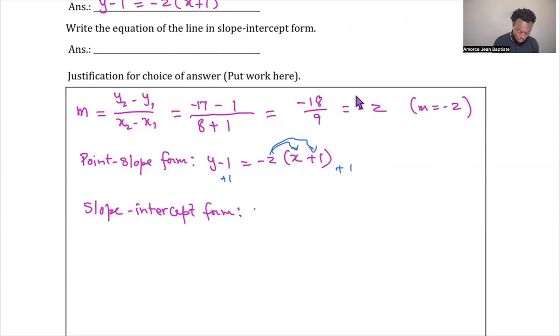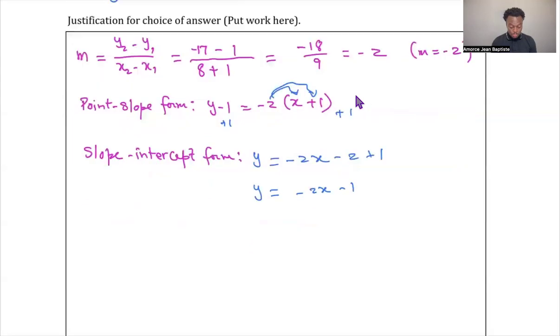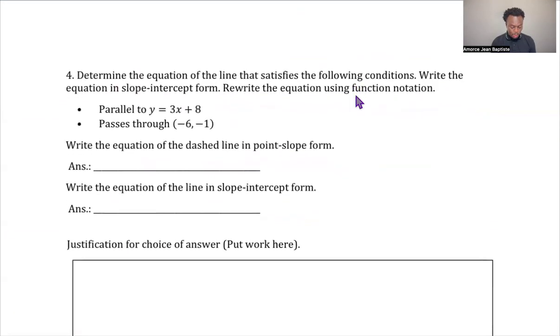So that is y equals negative 2x minus 2 plus 1. Y equals negative 2x minus 1. Y equals negative 2x minus 1 is the slope-intercept form. Moving on to the next example here.